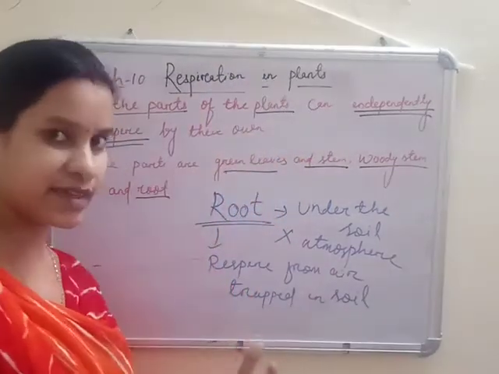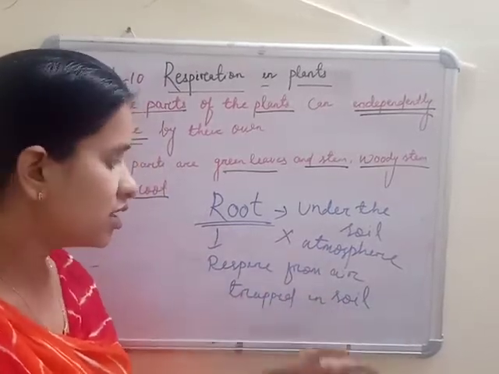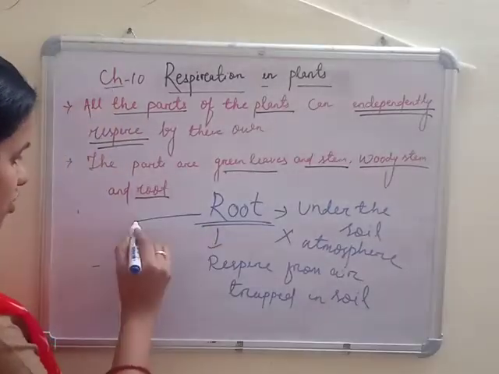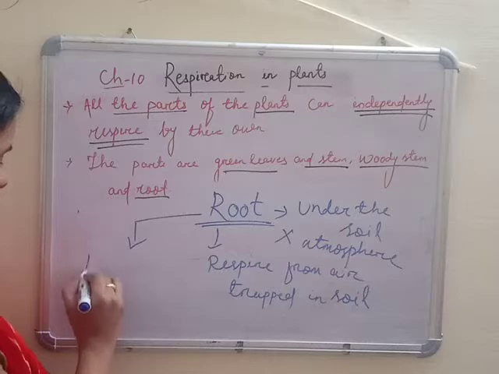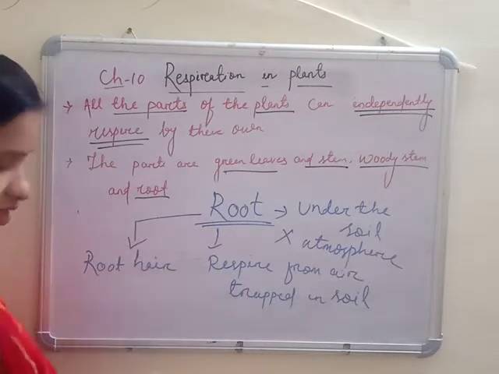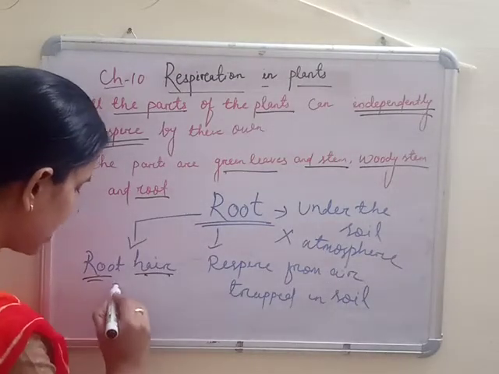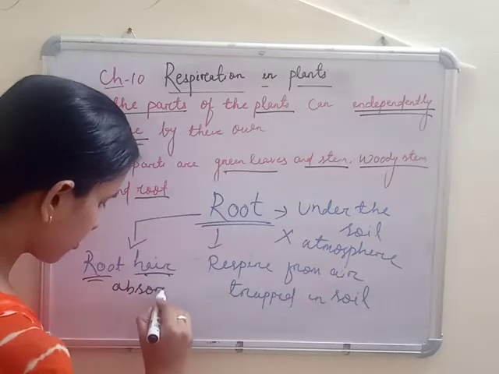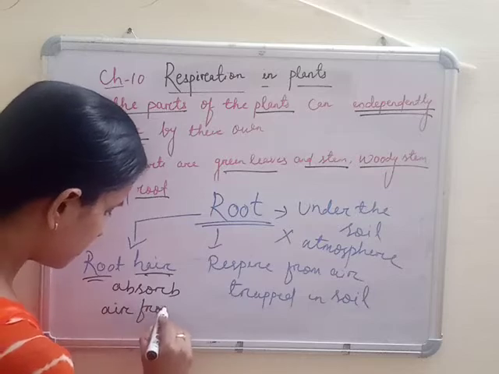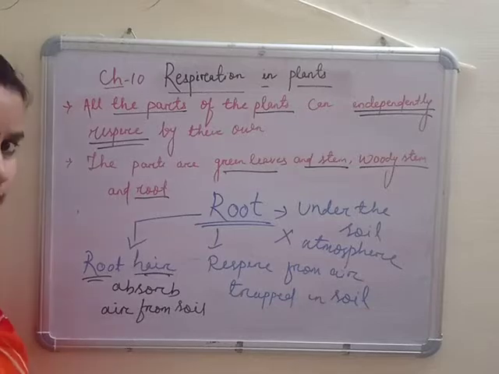Soil also contains some trapped air, and that trapped air is absorbed by the root. So which part is actually absorbing? The root hair. Root hairs absorb air from the soil and the respiration process takes place.